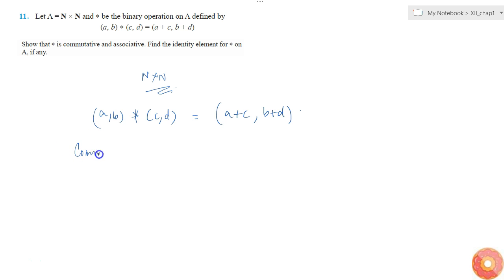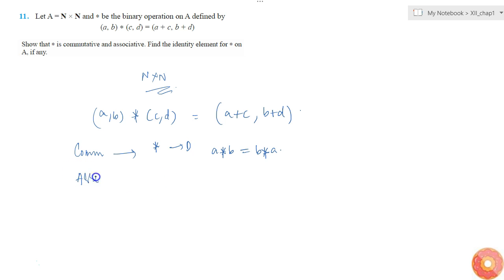Commutative means that if star is some operator acting on a domain D, then for two elements a, b which belong to the domain D, if a star b is equal to b star a, then that binary operation star is said to be commutative.